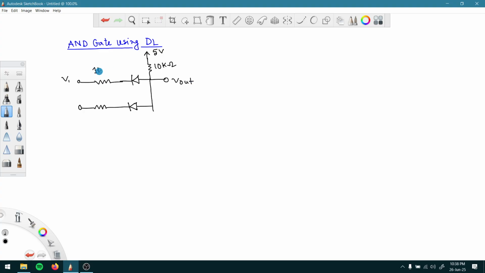The values of resistance here is 1 kilo ohm and 1 kilo ohm here, D1 and D2. So this is the circuit for AND gate using DL.